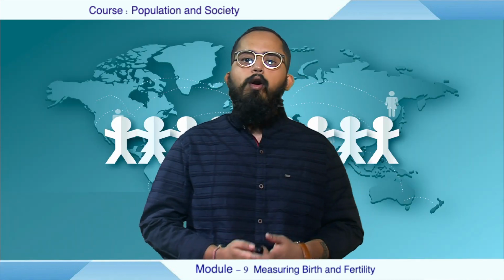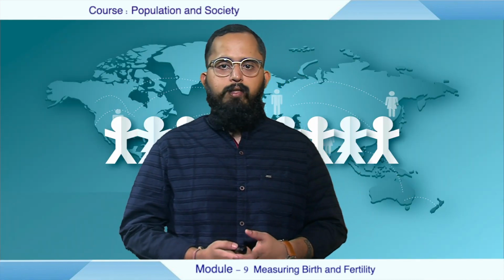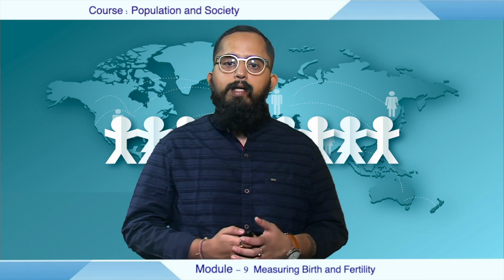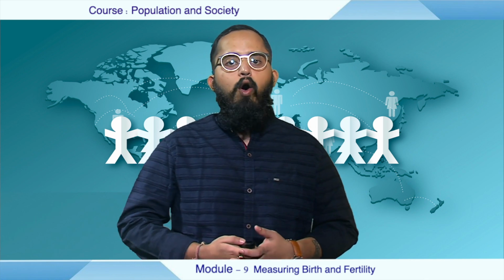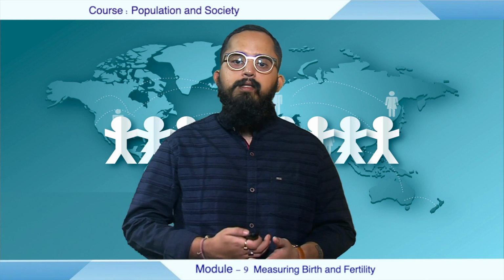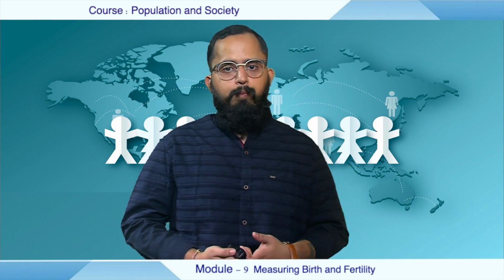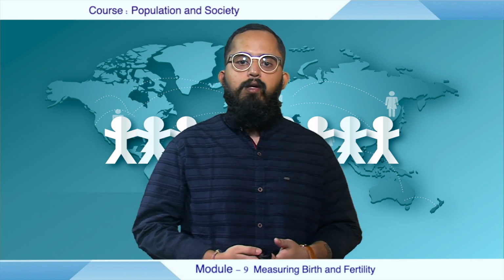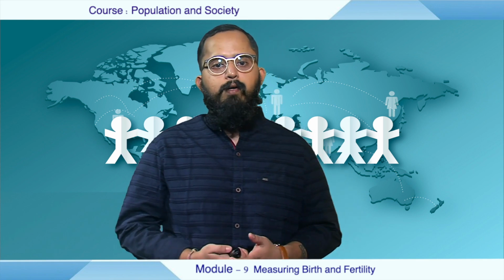However, it is important to note that the gross reproduction rate does not consider mortality and assumes that all females at reproductive age survive to the end of their reproductive years. Next, we have the net reproduction rate, which is the final measure of measuring birth and fertility.